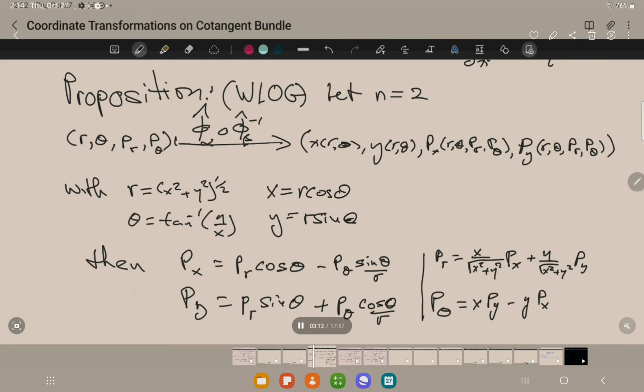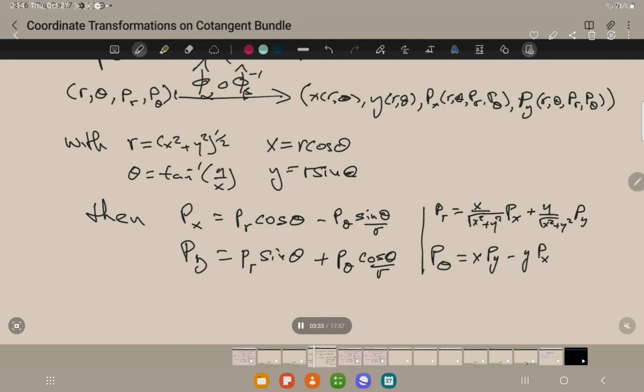We're supposed to prove the following: px and py are equal to the expression you see here, and pr and p theta are right here. It's very similar to the way I did it for the tangent bundles.